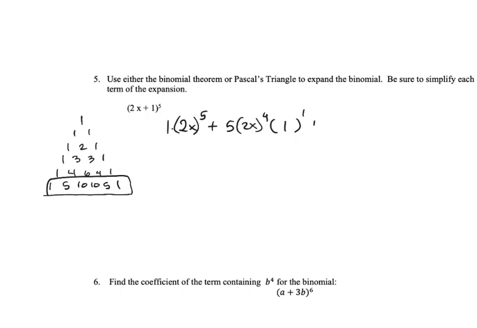For example, the next term is going to have 10 as a coefficient. And then 2x is going to be raised to the third power. And then 1 is going to be raised to the second power. Again, the sum of these two exponents always has to be 5 in every term.